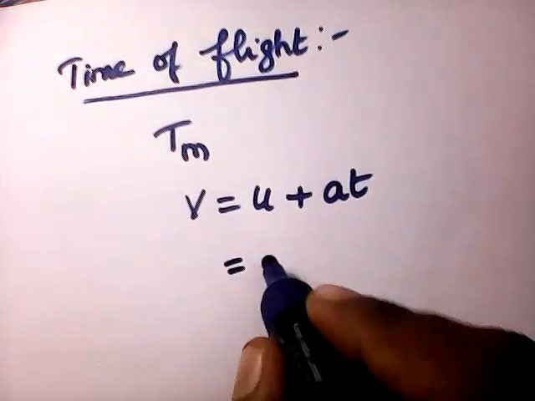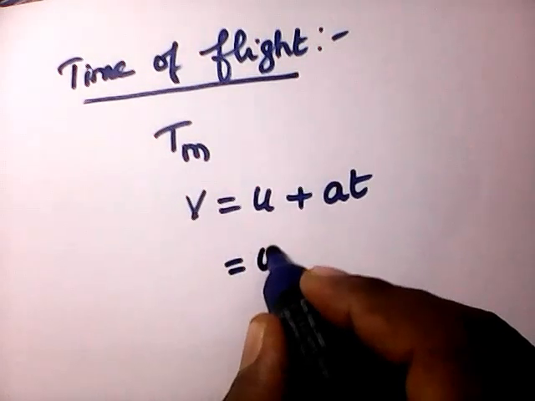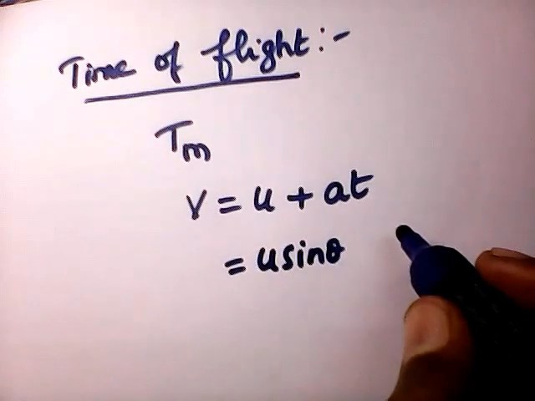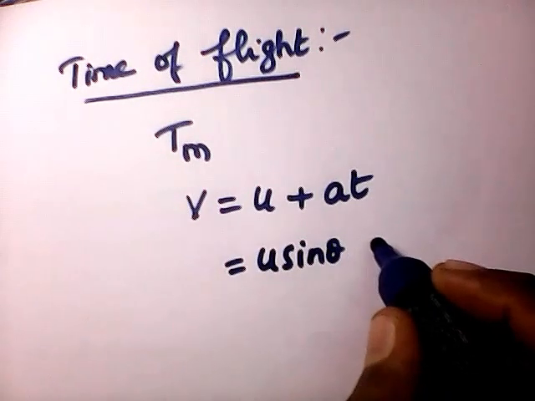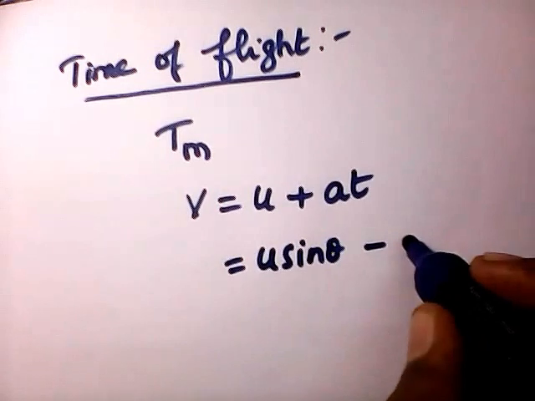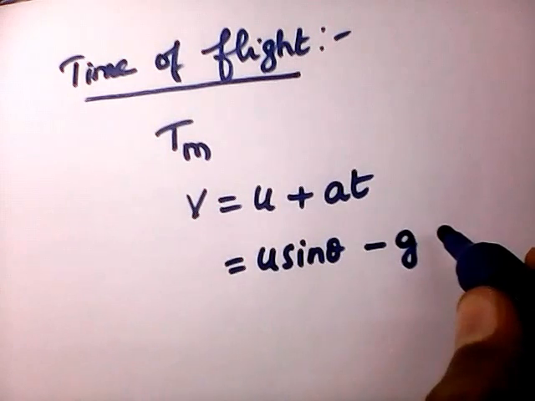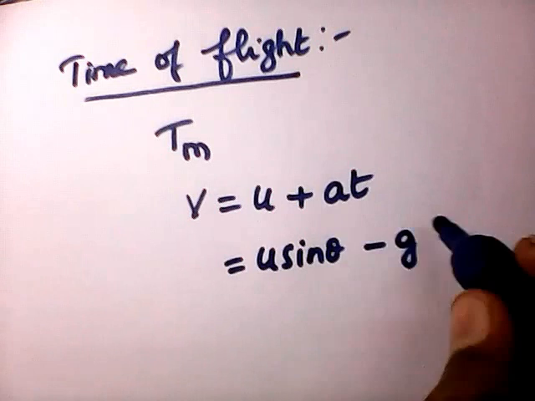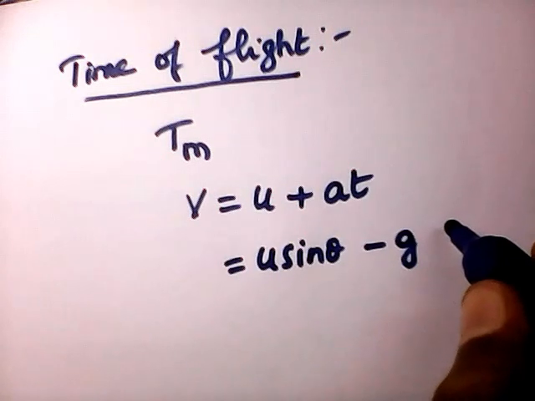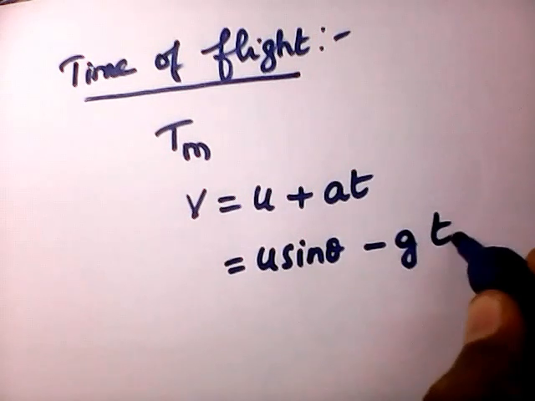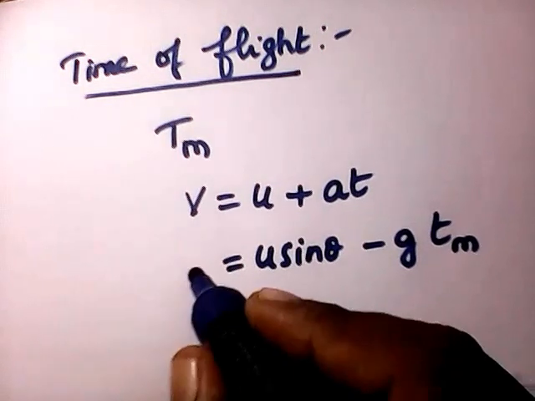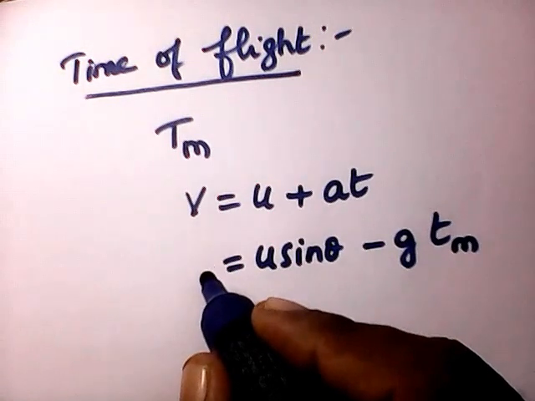For vertical displacement, u sin theta is the initial velocity, and minus g is a, and the time we make it Tm.